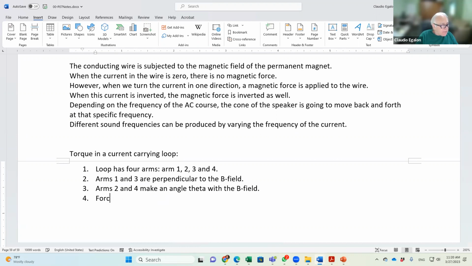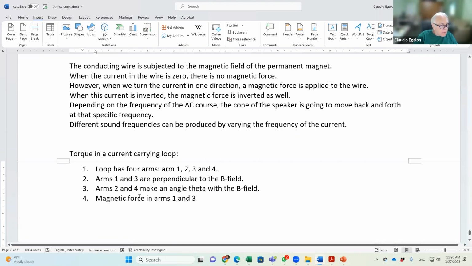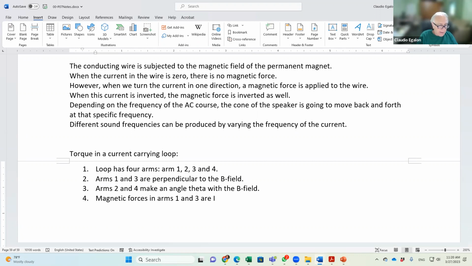Magnetic force in arms 1 and 3. Let's see, what are the lengths?